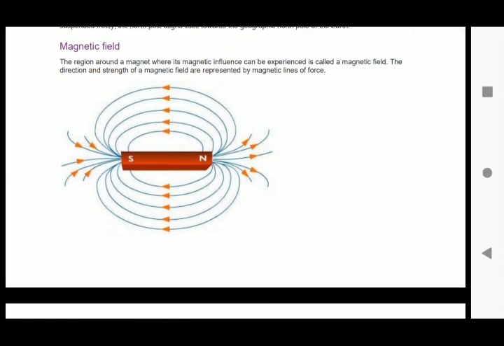See the figure. Here you can see that near the poles, these magnetic field lines are closer to each other, but they are widely separated at other places.